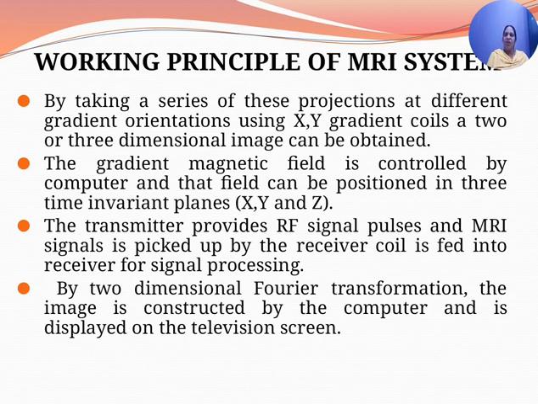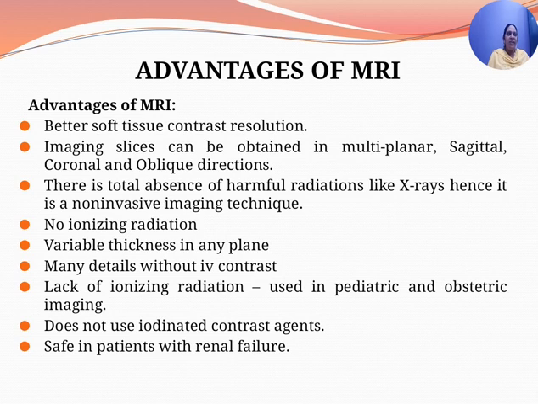By two-dimensional Fourier transformation, the image is constructed by the computer and is displayed on the television screen. As I told you, the RF signal is picked up by the computer. So what does the computer do? It receives, records and analyzes the image of the patient, interpreting the data produced into an understandable image.